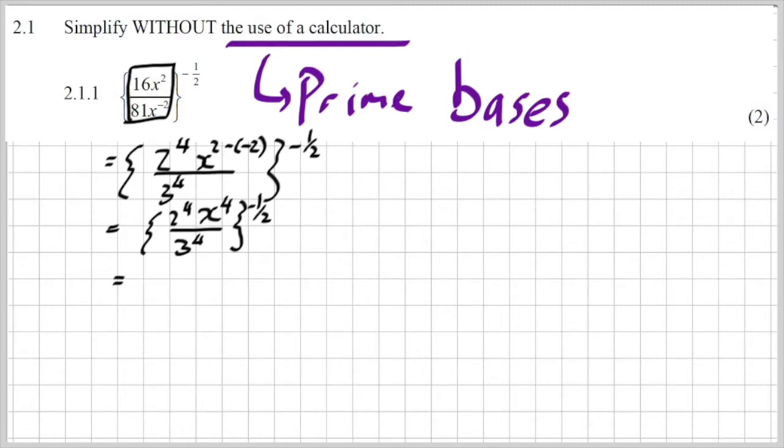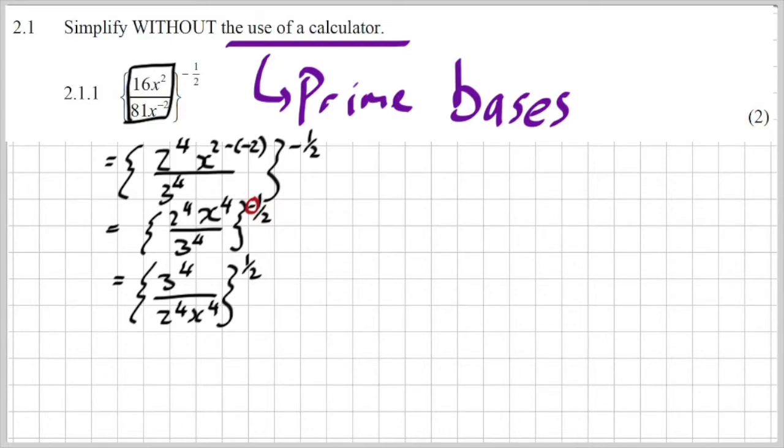Now, at this moment, if you want to, you can just distribute that exponent in. But I don't want to do that. What I actually want to do is look at that negative exponent: if there's one expression, meaning one term, inside the brackets, that negative can reciprocate your expression in the brackets.